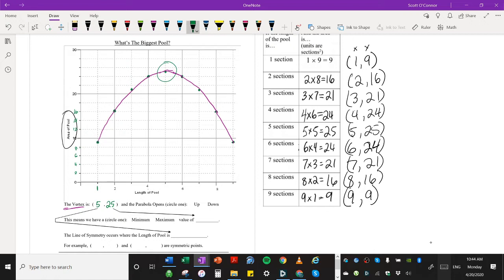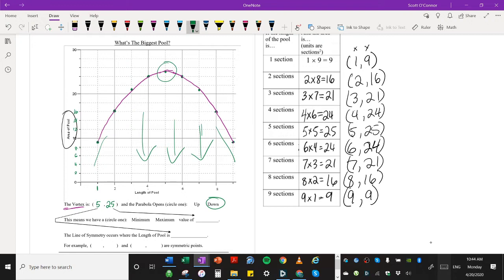Now, does the parabola open up or does the parabola open down? Well, the parabola opens down. Do you see this is down? This is down here. It opens down. Okay, so we can circle down here.